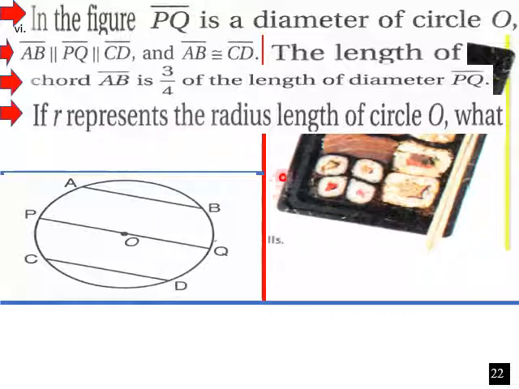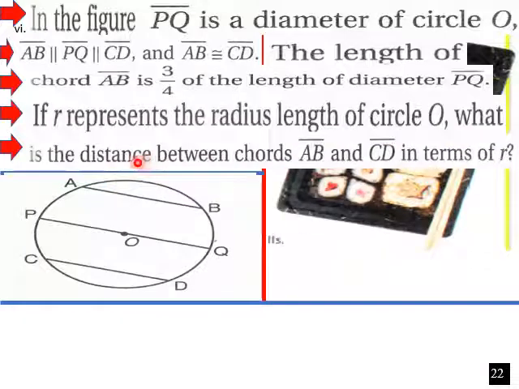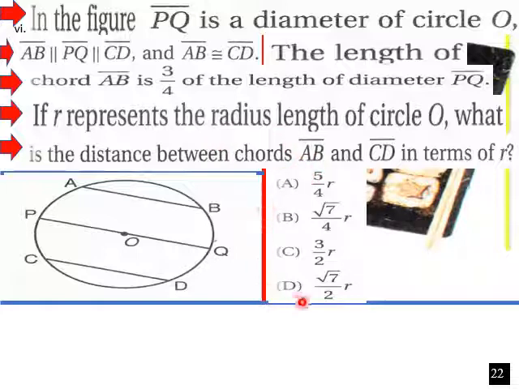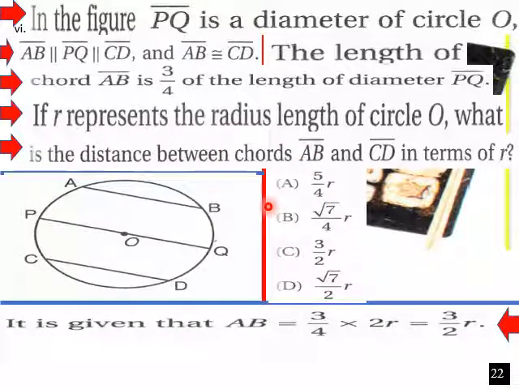If R represents the radius length of circle O, what is the distance between chords AB and CD, in terms of R? And then here are our choices. In terms of R, it is given that AB equals 3/4 times 2R, because this is 3/4 of the diameter, which equals 3/2 R.